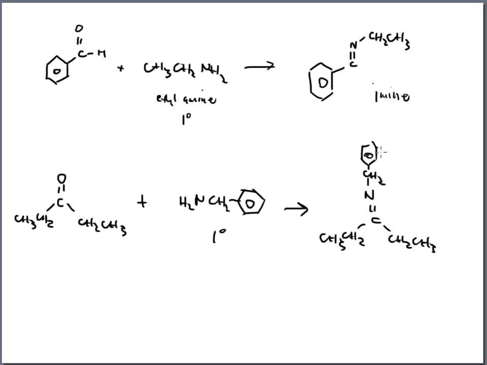I don't really care how you draw it, as long as it's connected the proper way. So that again is an imine, not an amine. So that imine is the carbon double bond nitrogen to that R group. Okay, so those are 2 examples of a primary amine, one reacting with an aldehyde, one reacting with the ketone, in order to form the imine products that you see on the screen.